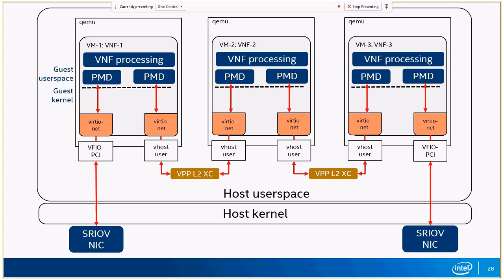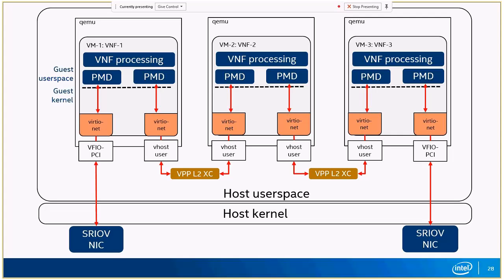You get your packets in through SR-IOV, process them purely in application space inside of the virtual machine, and send them out directly from user space onto the host. On the host side, again, it's processed completely in user space and then sent. This is potentially the most efficient way, at least the most latency efficient way, in which you can chain a set of network functions to do packet processing.